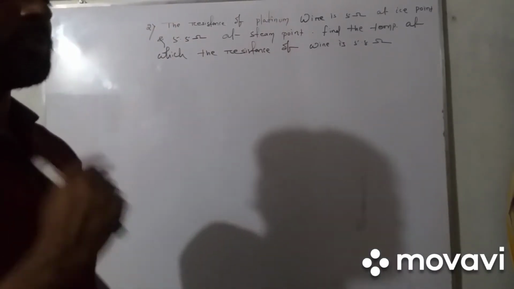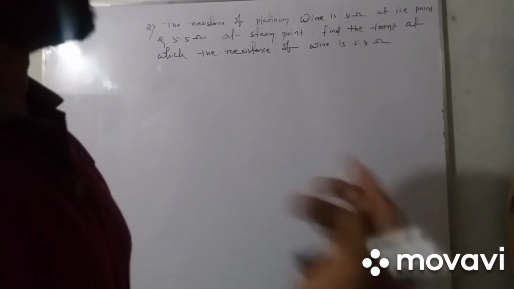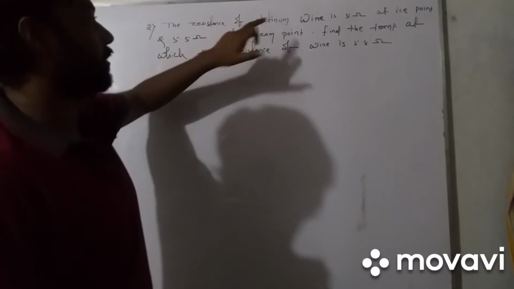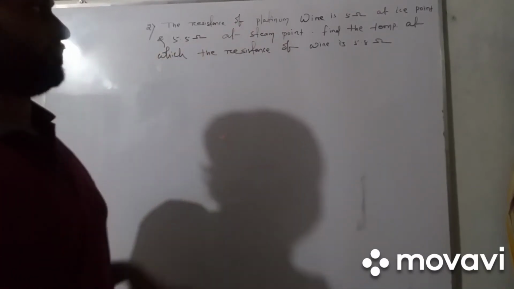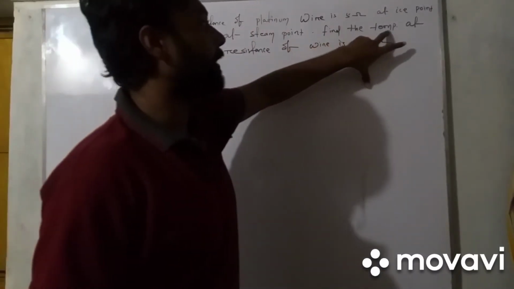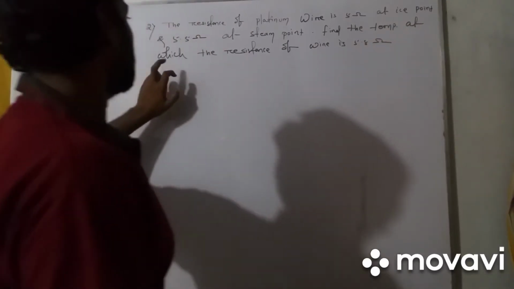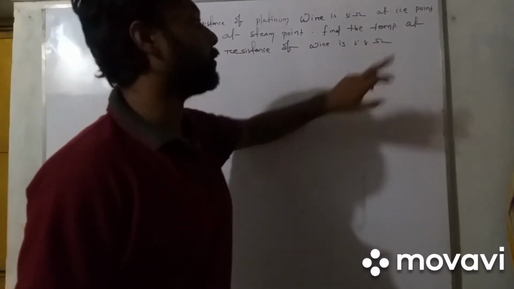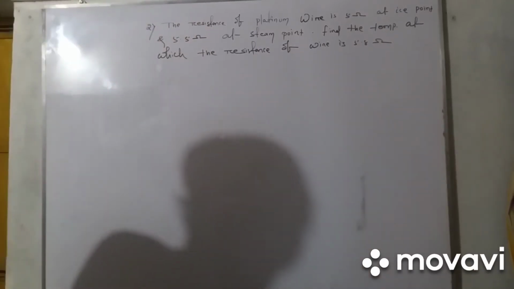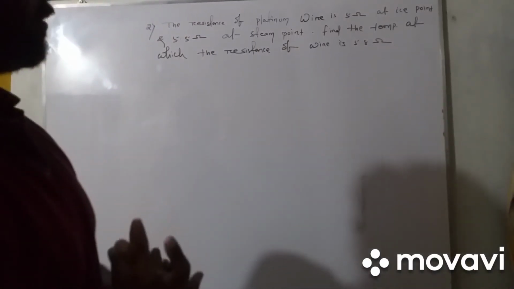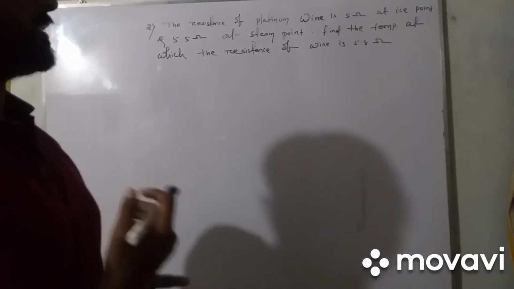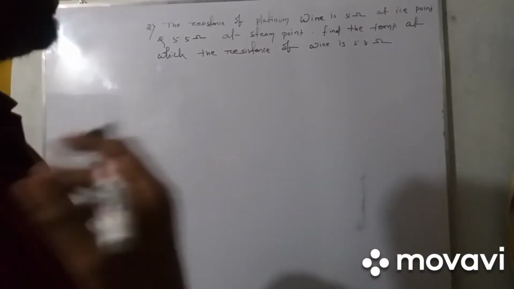Water becomes steam at 100 degree Celsius. That means at 100 degree Celsius the resistance of the platinum wire is 5.5 ohm. Find the temperature at which the resistance of the wire is 5.8 ohm.